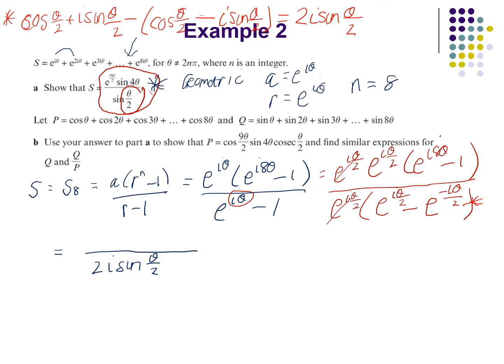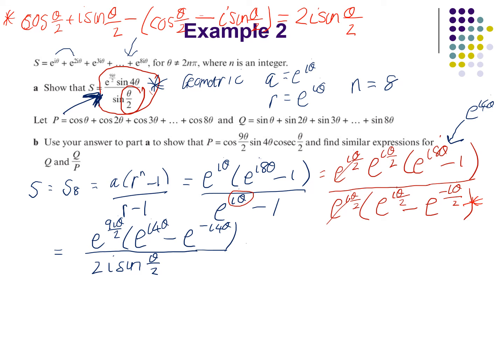So what I'm going to do is take out from this bracket a factor of e to the i 4 theta, because taking that out is going to give me e to the 9i theta over 2, and inside my bracket it's going to give me e to the i 4 theta minus e to the minus i 4 theta. Okay, and just to say, the reason I'm doing it is because I'm looking at my show that up here, and I'm trying to make my expression look like that.